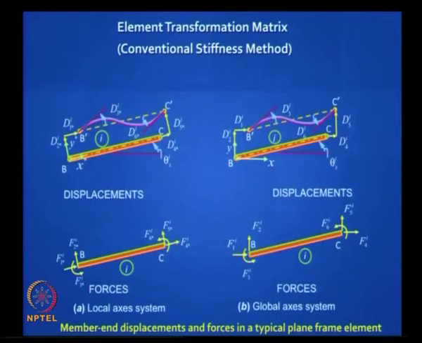You have two choices, one with a star which tells you to align yourself along the longitudinal x star axis, the other is you align yourself along the global x axis. Is it clear? Now there is a relationship between these displacements and they are defined this way.